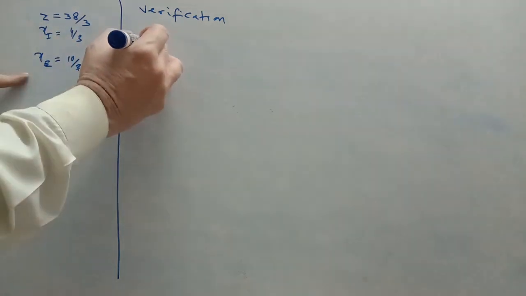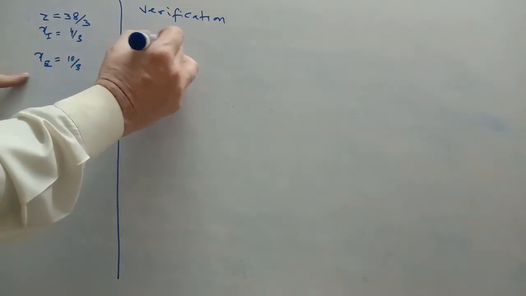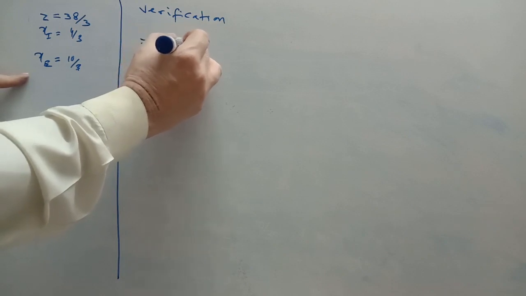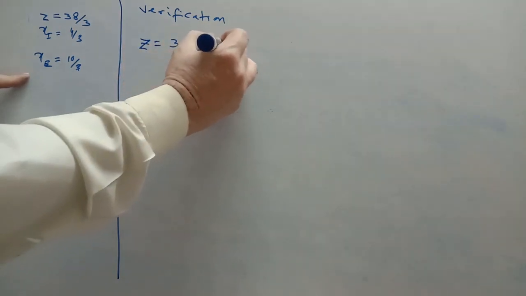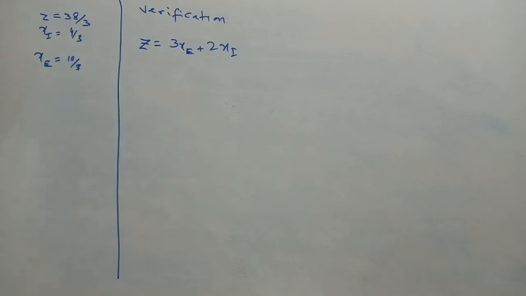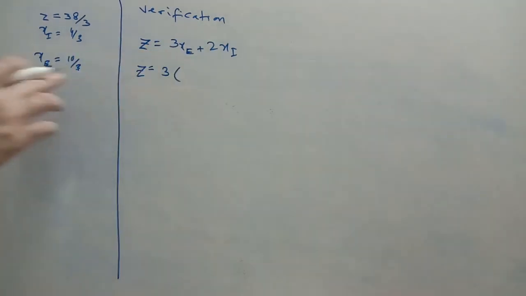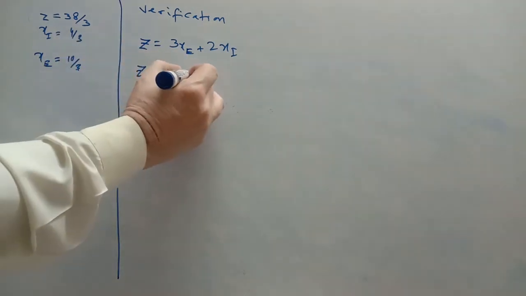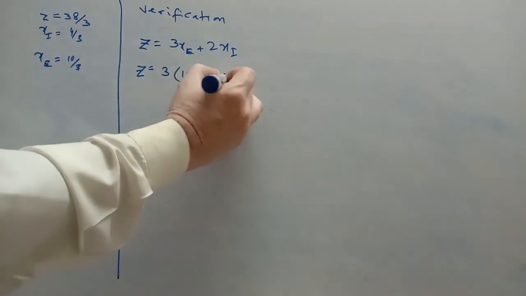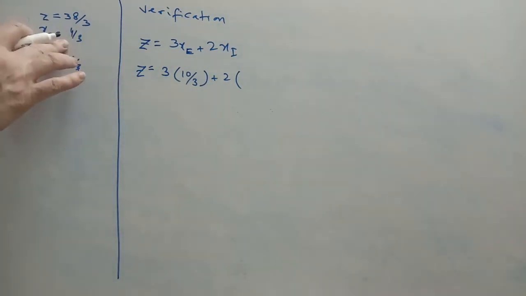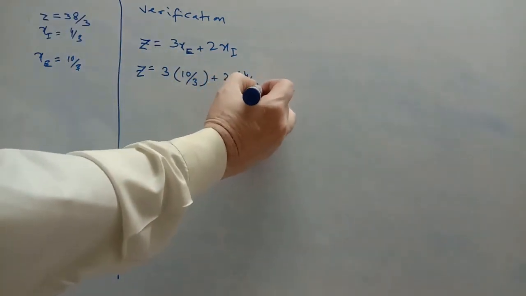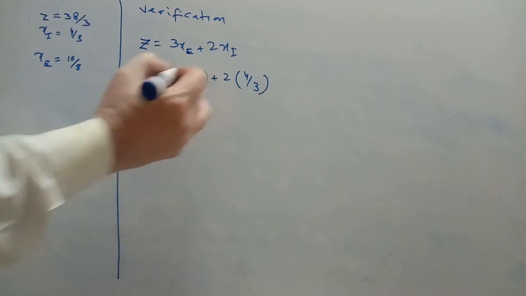So first of all, our objective equation was z is equal to 3xe plus 2xi. Now the value of xe is 10 over 3, plus 2 into xi, the value of xi is 4 over 3. This 3 gets cancelled.